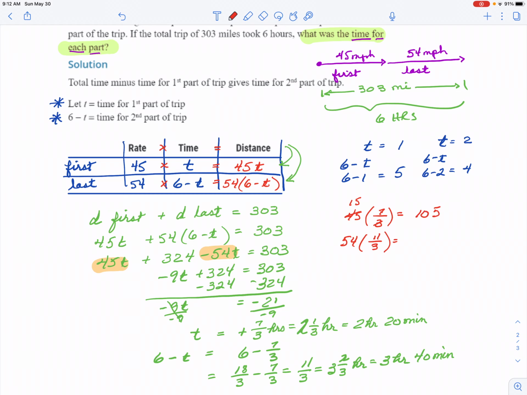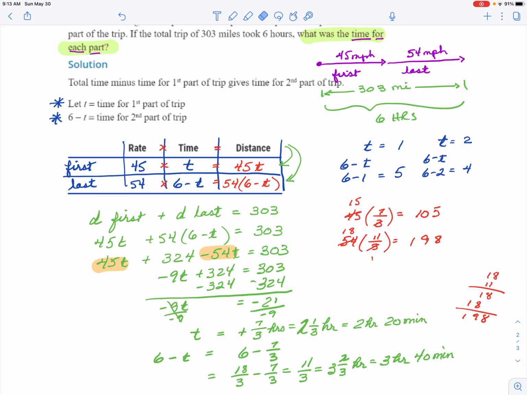I may have to get my calculator out here in a minute. 3 into 54 is 18, and 18 times 11 is 198. I don't know. Hang on. I think that's right. Excuse me, 198. I had it right. Okay, looks like that's right.